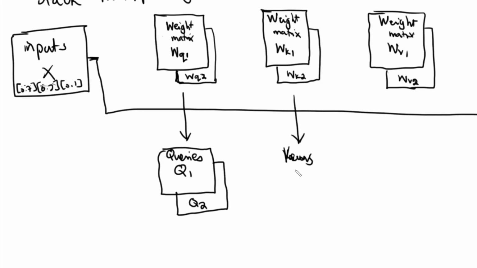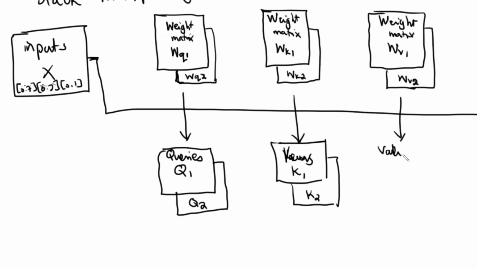We're going to have the keys matrix K, but this is going to be K1, and we're also going to have K2, like that. Same thing with the values. So here we have the values matrix, and this will be V1 coming from applying WV1 to the inputs. And then when we apply WV2 to those very same inputs, we'll have a values matrix V2, as we have seen.